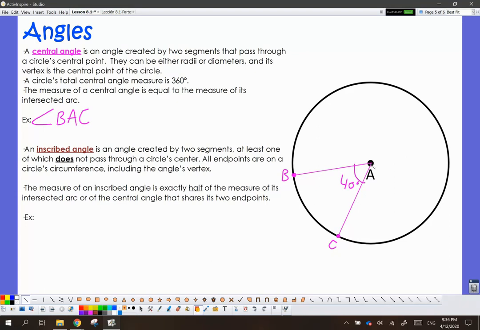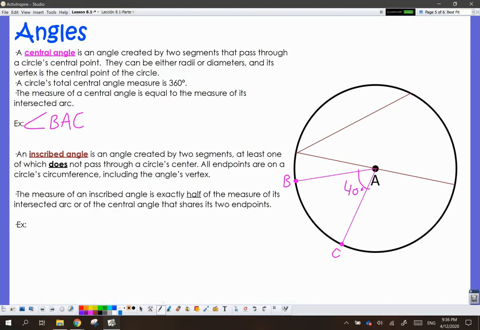An inscribed angle means that I have, for example, a line like this, and I can have at least one line that goes through the center. It's not necessary, but I can. But the idea is that the vertex cannot be on the center of the circle. So let me define some of these points.